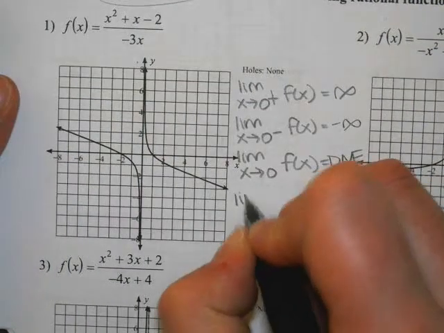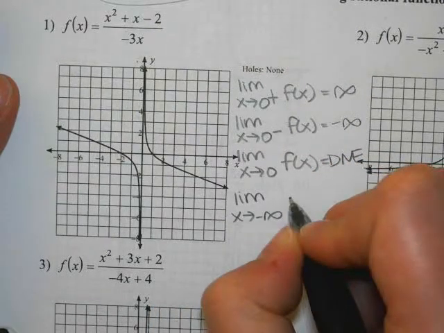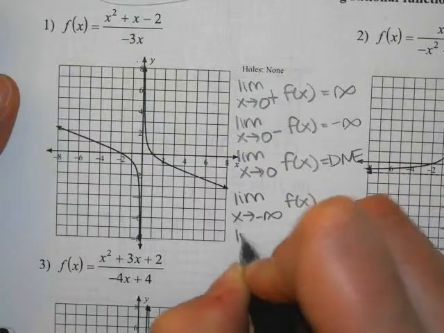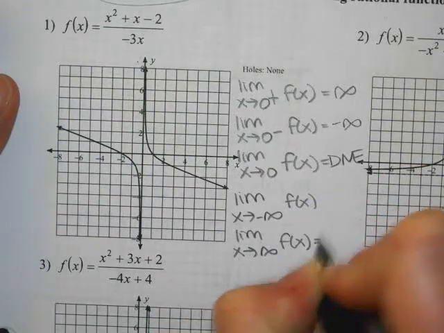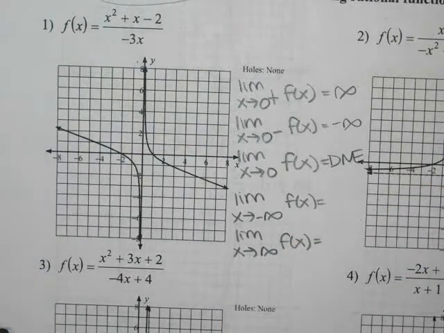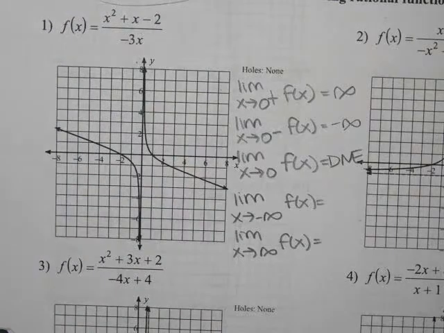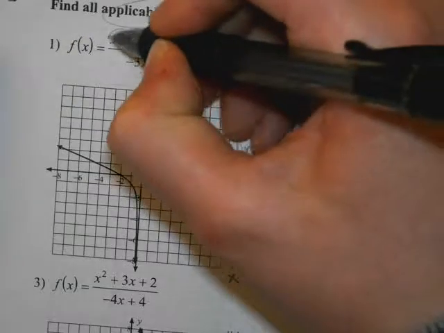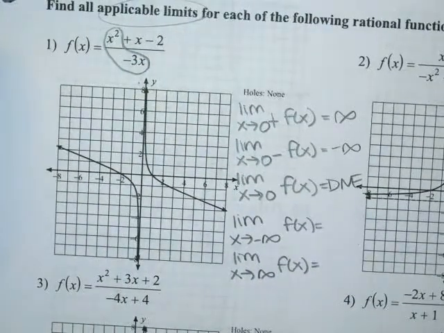And then we have our end behavior on the left side, and we have our end behavior on the right side. You can see it by looking at the graph, but you can also see it by looking at the degree of the numerator and the denominator. So this graph has a slant asymptote.